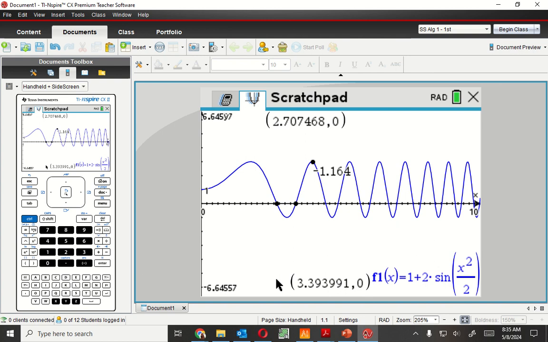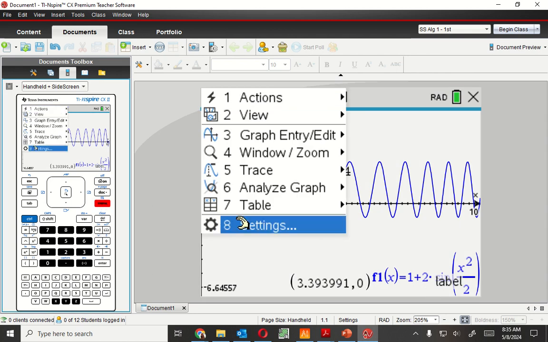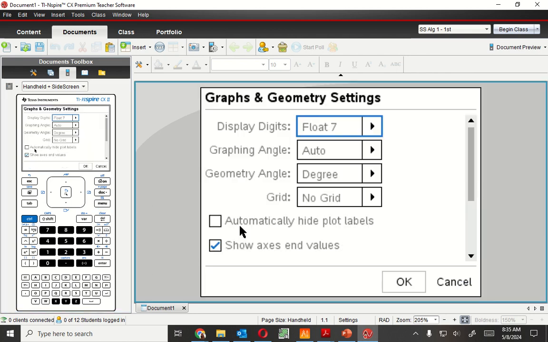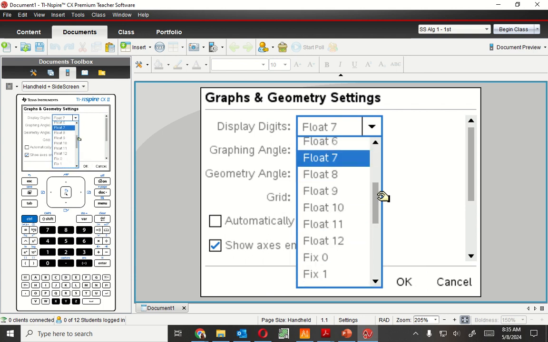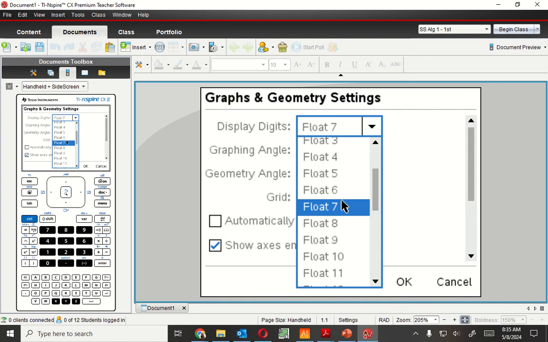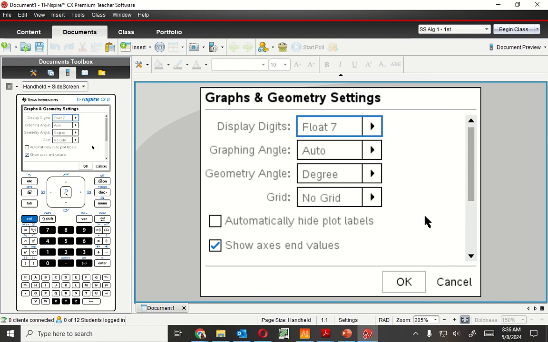This is what you're going to do: Menu, Settings, and see this right here? Display digits. I just changed it to float 7, because why not? It shows a lot more digits, but it's going to gunk up your screen, so just clear off your screen in between each one.